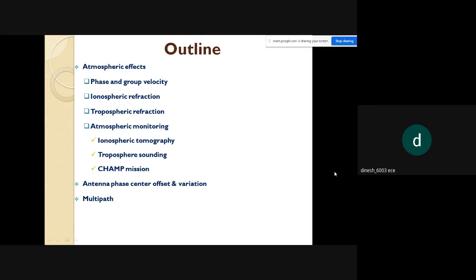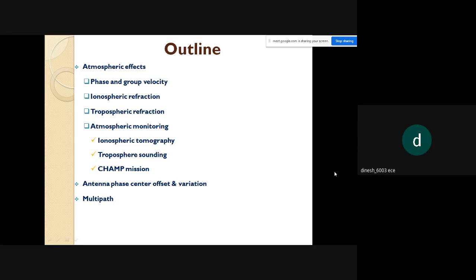One is phase and group velocity. Next is ionospheric refraction, tropospheric refraction, then atmospheric monitoring. In this atmospheric monitoring, we have three different things to be measured: ionospheric tomography, troposphere sounding, and the CHAMP mission.